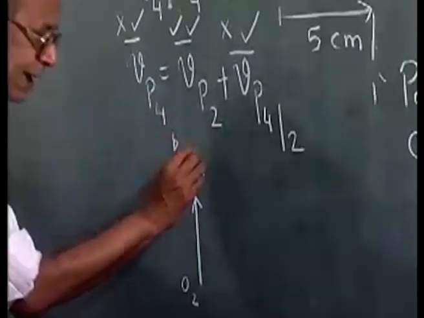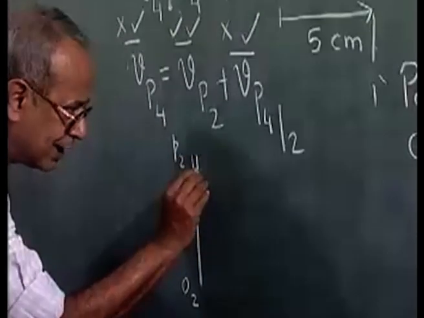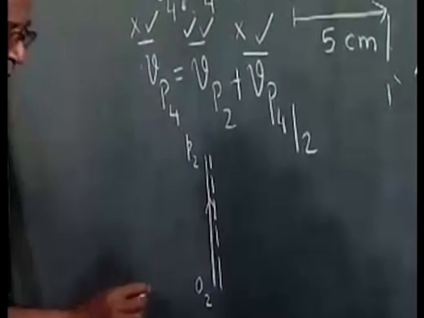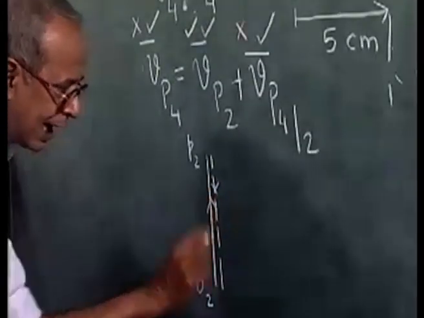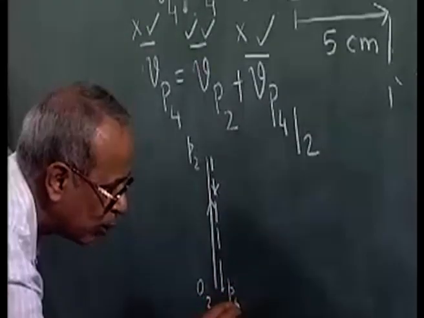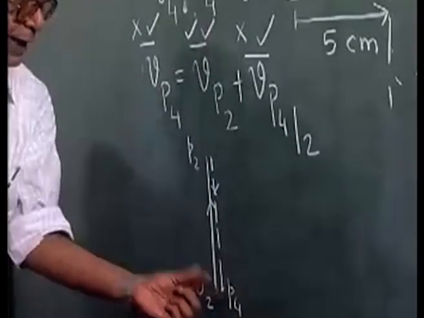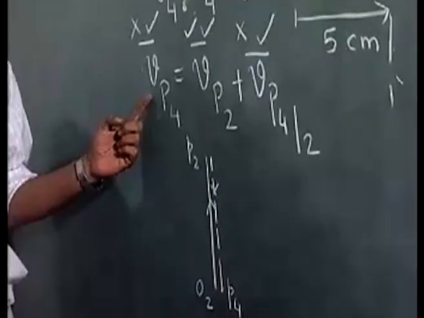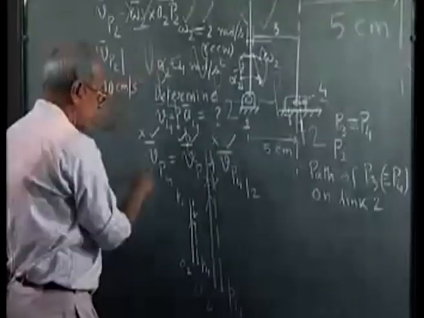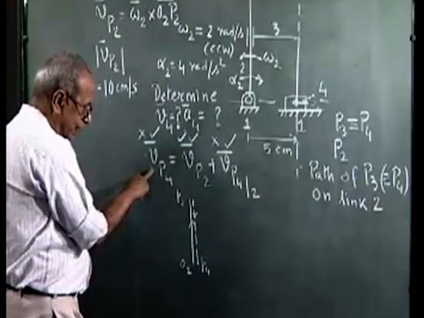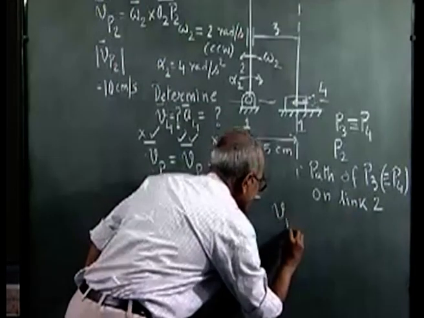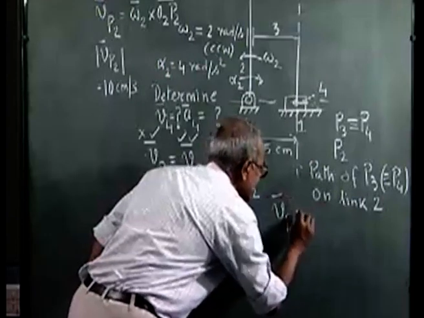I am drawing it intentionally a little to the left, a little to the right, actually it is lying on the same line. These two vectors put together must give me O2 P4, which is of 0 length, and represents the velocity of the point P4. So velocity of P4 at this particular configuration is 0.